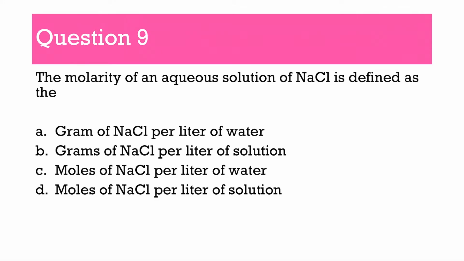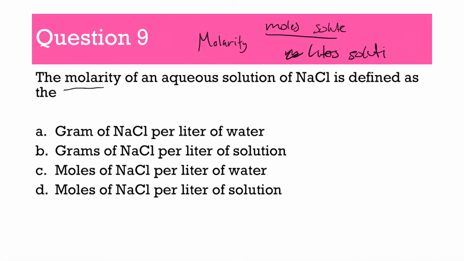Okay, number 9 is more of a definition question. It says the molarity of an aqueous solution of NaCl is defined by the, so it's the equation but in words. Molarity, again from the back of your reference table, is moles of solute over liters of solution.